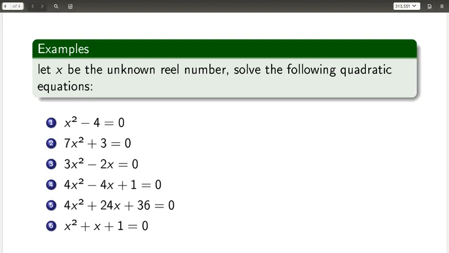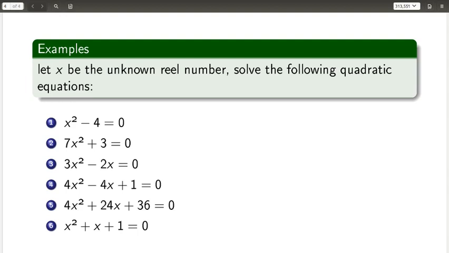In this case, the expression 3x squared minus 2x is equal to x times 3x minus 2, which in turn is equal to 0, which means that either x equal to 0 or 3x minus 2 equal to 0. In this case, we obtain two different solutions: 0, and the second solution is 2 over 3.